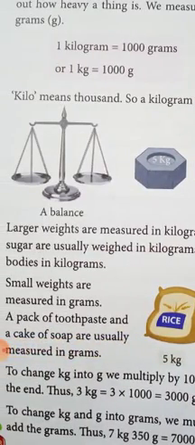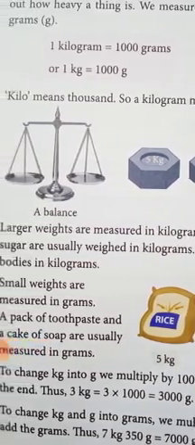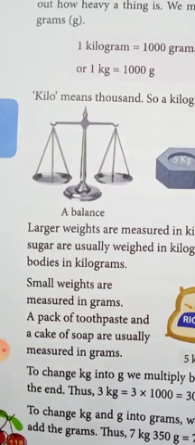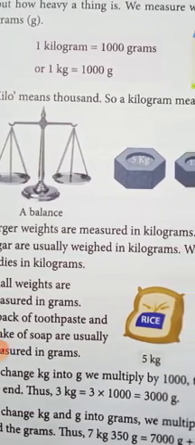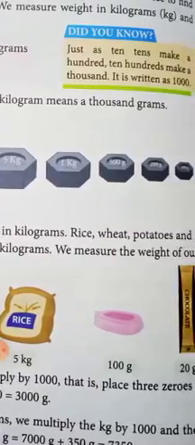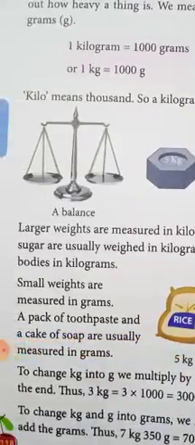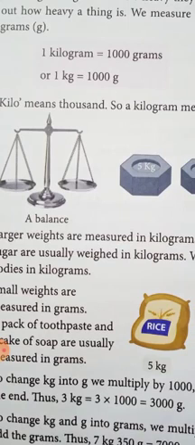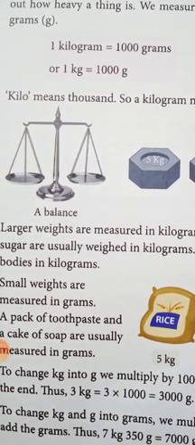To change kg into gram, we multiply by 1000, that is, place 3 zeros at the end. Thus 3 kg is equal to 3 into 1000, which is 3000 gram. So students, to change kilogram into gram, this is the formula: we multiply by 1000, that is, place 3 zeros at the end.